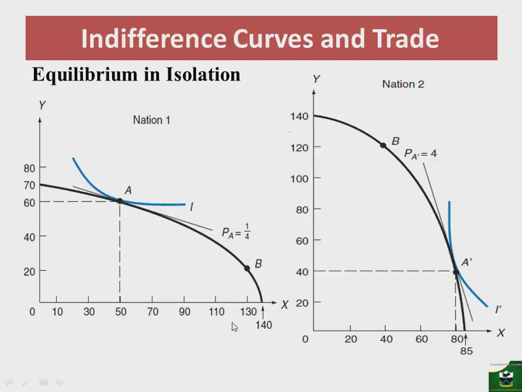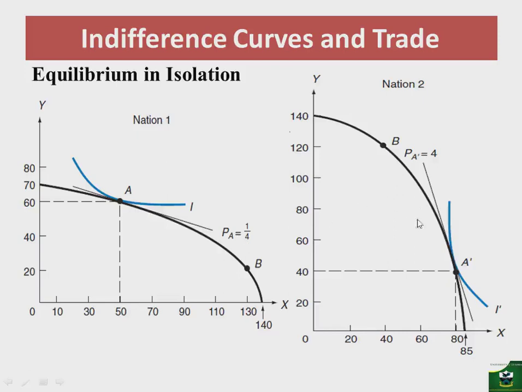And at that point, nation 1 is producing 50 units of X and 60 units of Y. The consumption levels show that nation 1 is consuming 50 of X and 60 of Y in autarky. To get the slope, remember we said you draw a tangent line and then you measure the slope at that point. So at this point, if we measure the slope of this line, we find that the slope is 1/4. And this 1/4 defines the internal relative commodity price, which we call the domestic terms of trade.